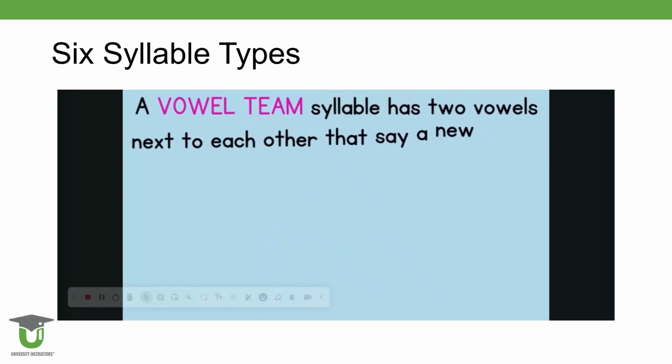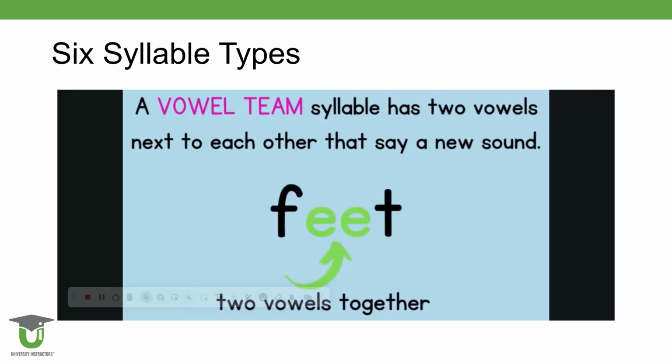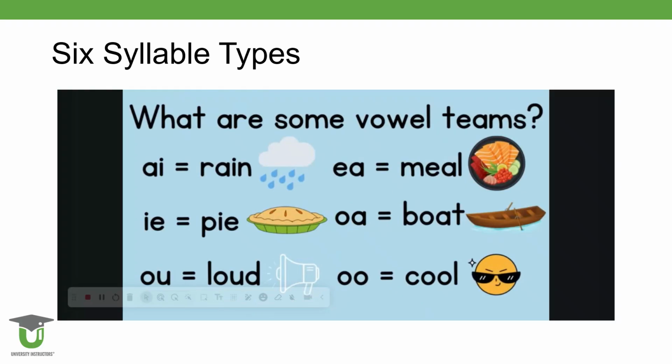Another kind of syllable is the vowel team. A vowel team syllable has 2 vowels next to each other that say a new sound. Here, E and E are together and it says E. There are many kinds of vowel teams, but as long as it's 2 vowels together, it's a vowel team.